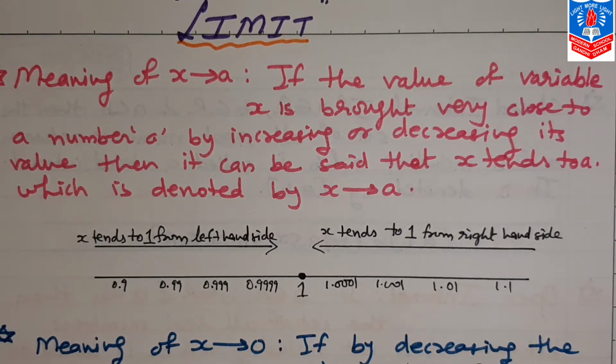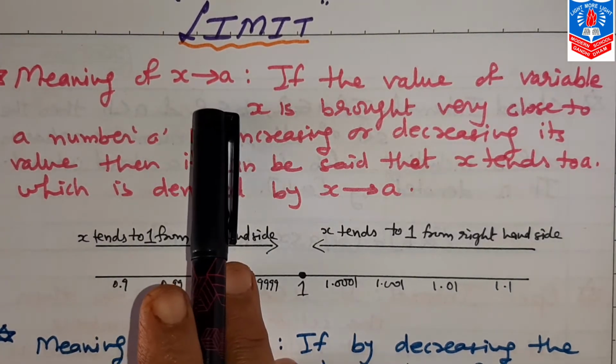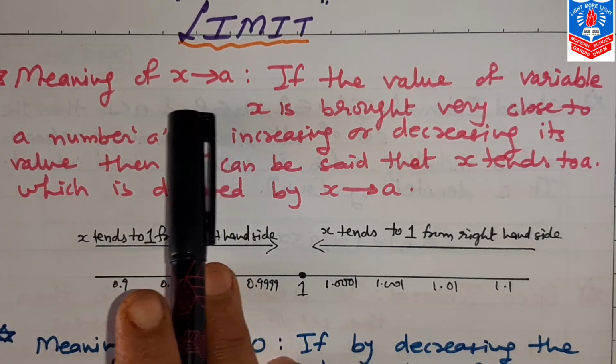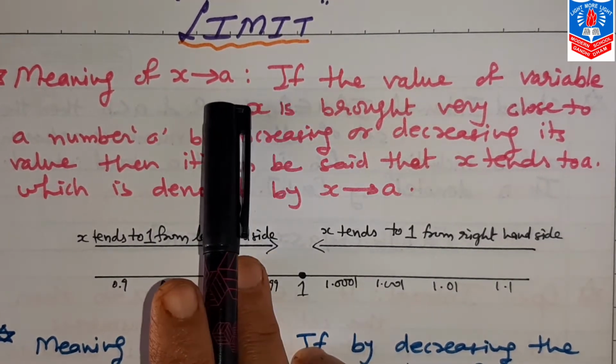Now in today's session we will start sums based on limit, but before we do that we should know what is limit. And to understand the meaning or definition of the word limit, a few meanings. First, x tends to a. What is that?